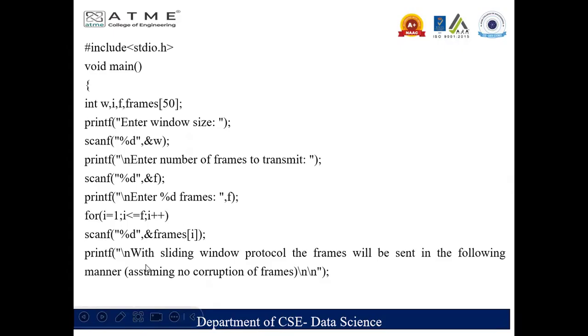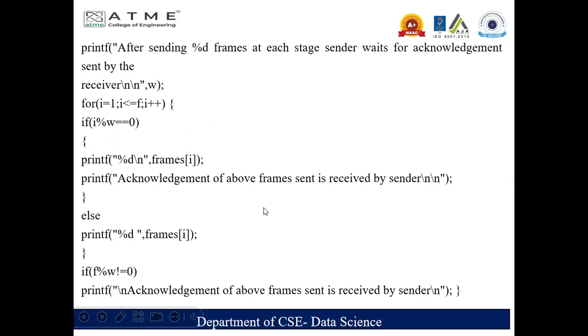Next we display this statement: with the sliding window protocol, the frames will be sent in the following manner. Here we are assuming that there is no corruption of any of the frames, so all the frames that are sent will be received at the receiver. After sending the frames at each stage, the sender waits for the acknowledgement sent by the receiver.